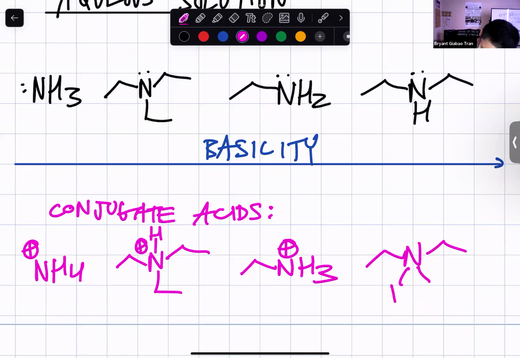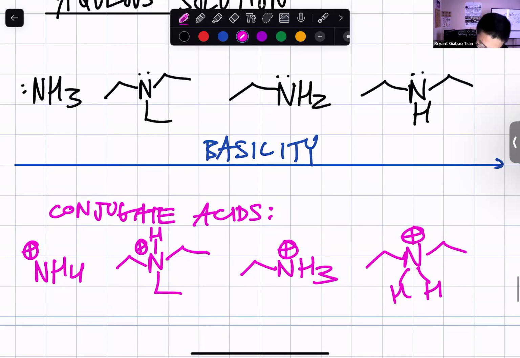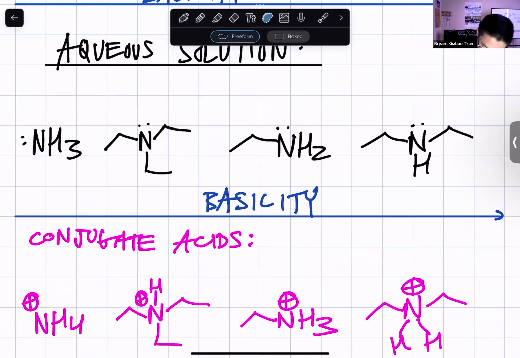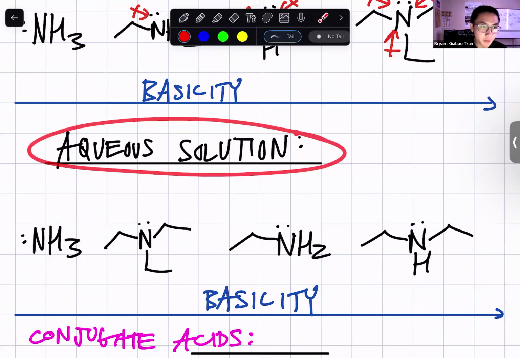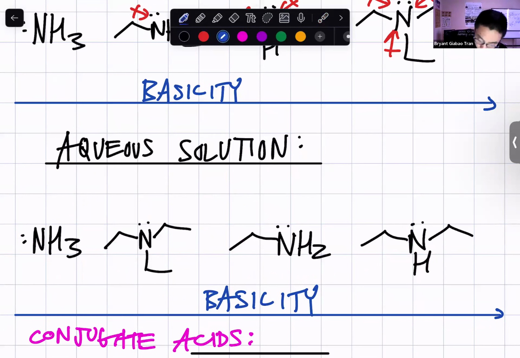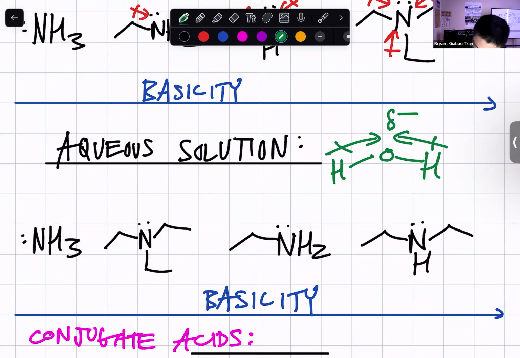Now, in aqueous solution, that means our environment has water or alcohol, some sort of protic solvent. Let's say we had water in the environment. We know that oxygen is more electronegative than hydrogen, so oxygen is going to be partial negative, and hydrogen is going to be partial positive.